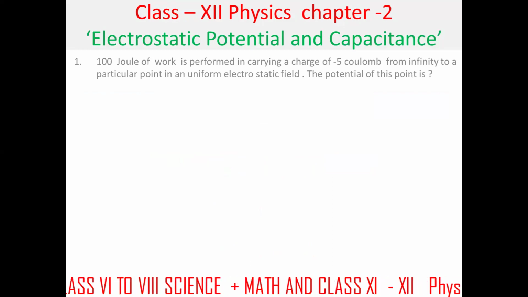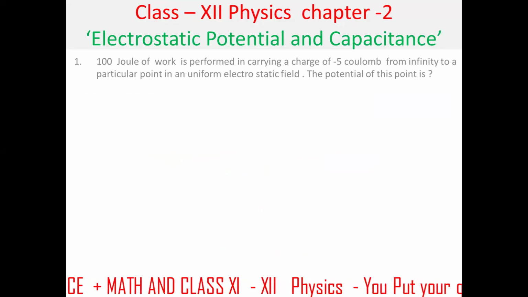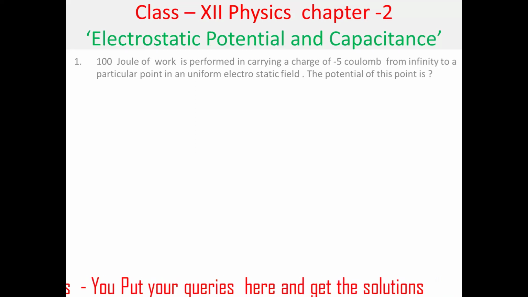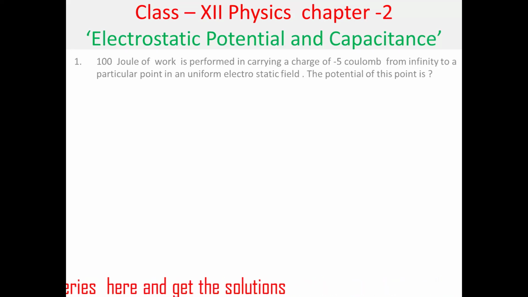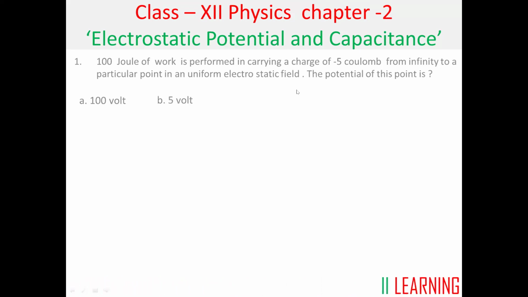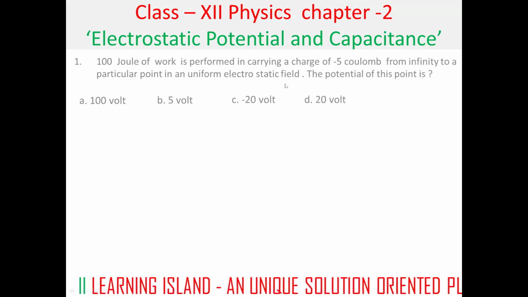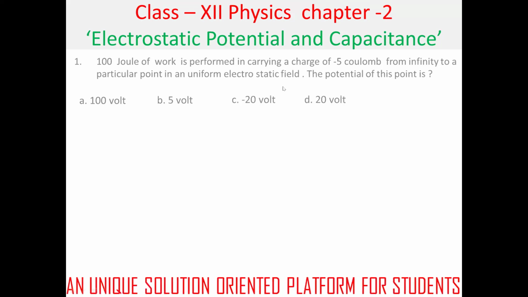The potential of this point is, potential means you will have to find out the voltage difference. That is voltage. So here the options are 100 volt, 5 volt, minus 20 volt, 20 volt. What would be the answer?